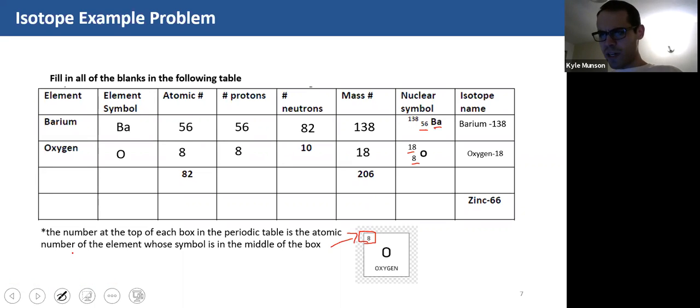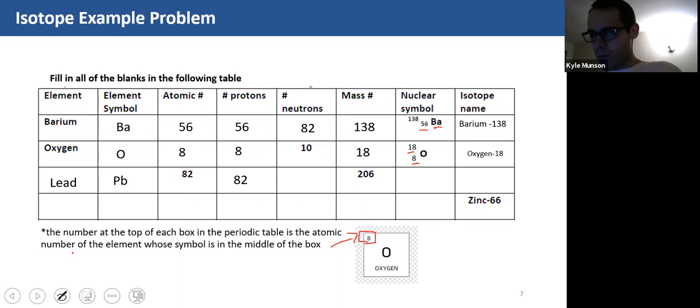Okay, this one's a little trickier. Its atomic number here is 82. It doesn't really give us any information. But remember, the number at the top of each box in the periodic table is for a specific element. So you need to go to element number 82 on the periodic table. And when I do that, I get lead. Okay? And its element symbol is capital P, lowercase b.